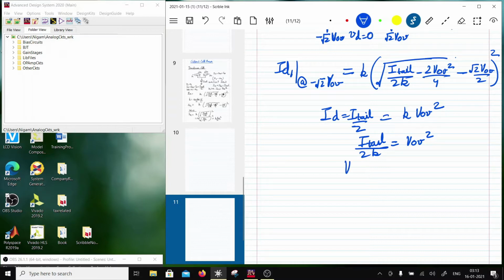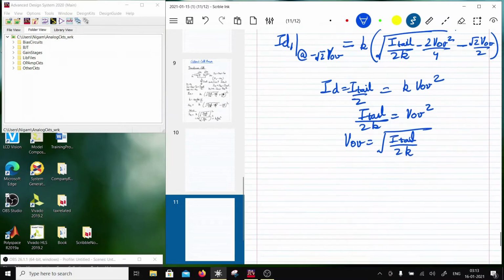Okay, so then V overdrive is basically the square root of I tail by twice k, correct? So let's substitute that over there. We would have k times the square root of I tail by twice k, minus V overdrive square root of I tail by twice k, times 2. So this will be 4, minus root 2.